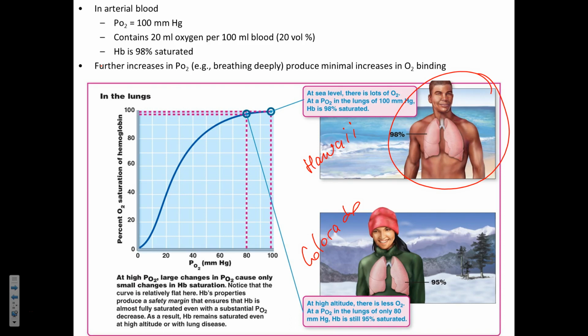So this guy is at sea level, like absolute sea level, right? So oxygen concentration in the air is as high as it ever will be. The oxygen concentration in the lung is as high as it ever will be. And this is the point where practically 100% of hemoglobin is saturated. That makes sense?